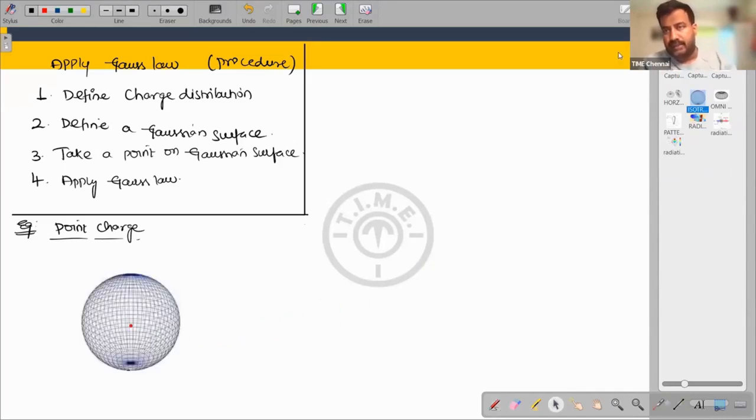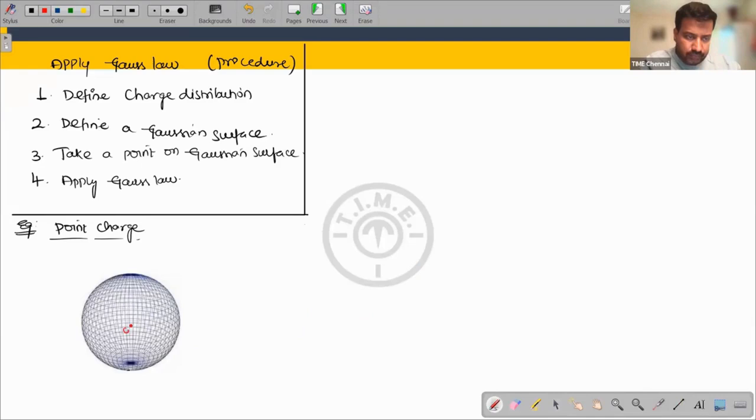Let us consider a point charge Q at the center of a sphere of radius r.